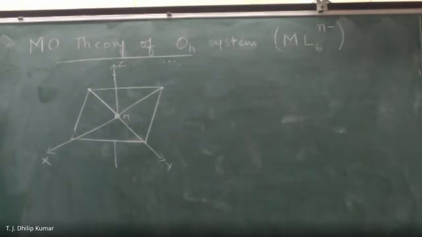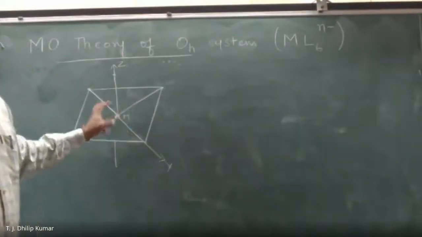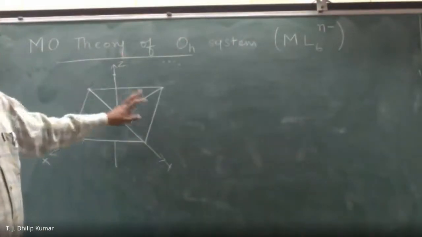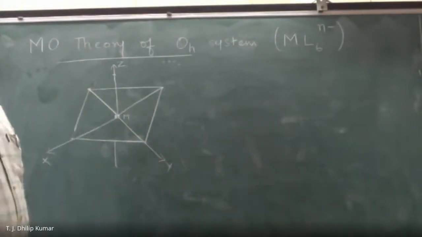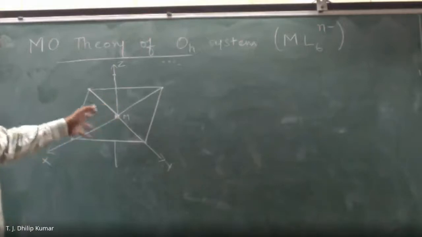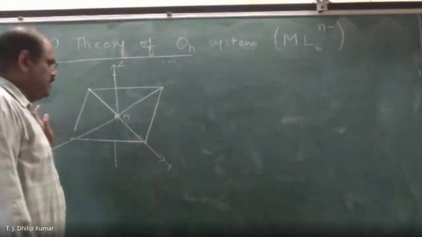And then you have metal orbitals and ligand orbitals, right? Basically, the idea is that metal orbitals have certain symmetry, and ligand orbitals have some symmetry. The symmetry should overlap to form the bonds. If there is no symmetry overlap, then they don't bind.